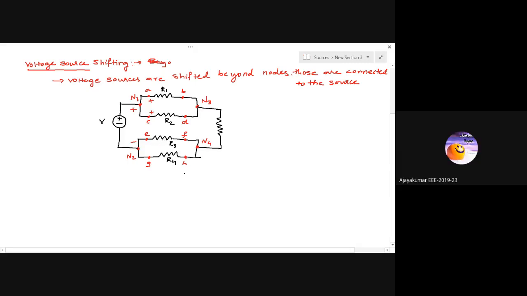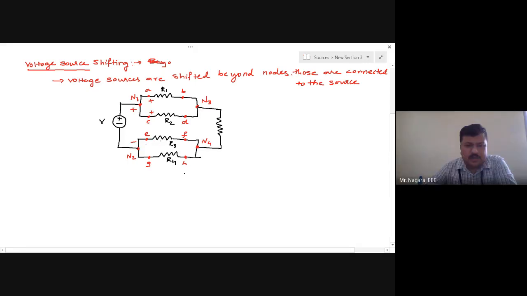Similarly, terminal E of R3 is at negative potential, and terminal G of R4 is also at negative potential, because it is the same node connection. A is connected to N1, C is connected to N1, and N1 is connected to the positive terminal of the voltage source. Therefore, N1 is at positive potential, and hence A and C are also at positive potential.